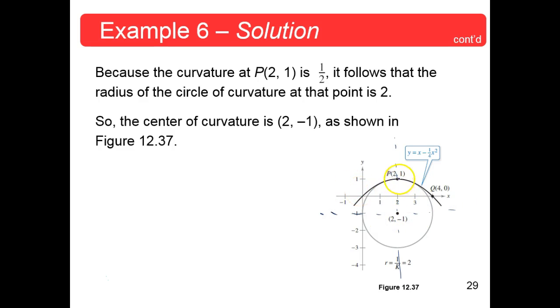Radius of 2, so you're going to go out from here to 4, here to 0, and down here to -3. Okay, and there's your circle of curvature for that parabola. So you see it's a very nice fit there.